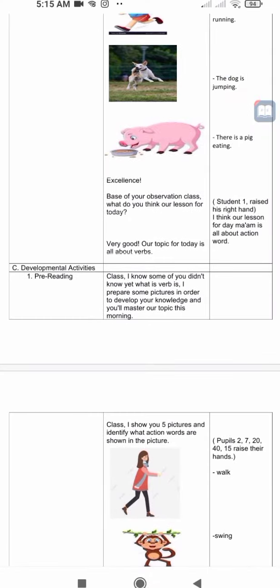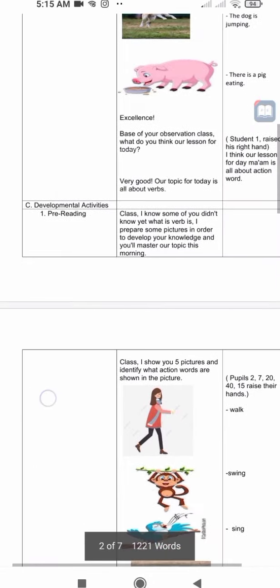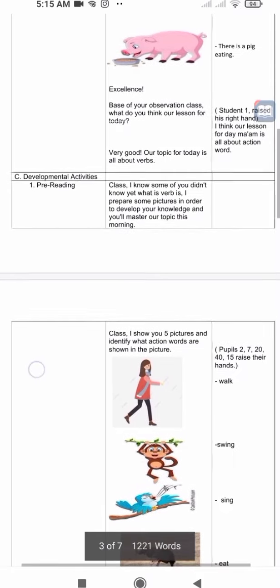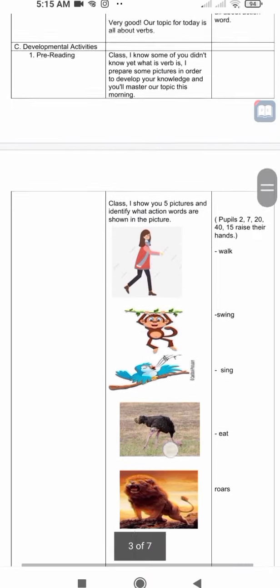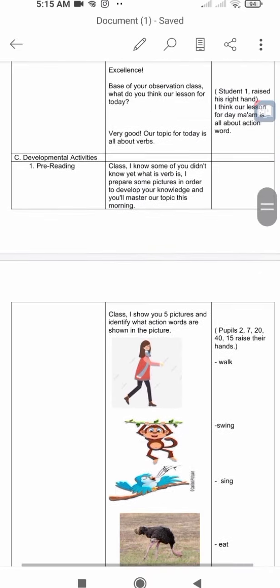So the teacher provides pictures, so that the students can identify what action words are. That is the purpose of the teacher. By providing these, the students will know what the topic is.